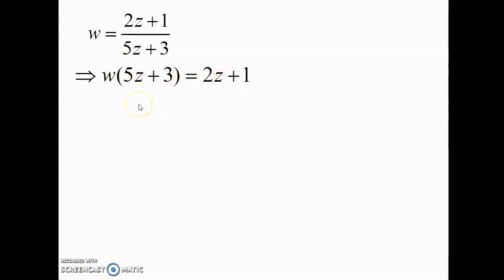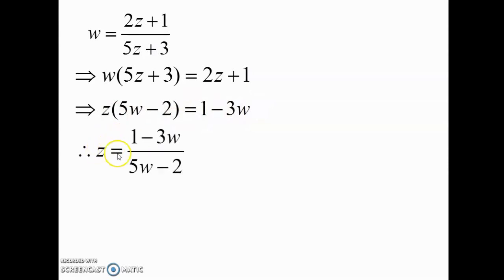Now I am taking z terms on one side and constant and w terms on the other side. So we get z into (5w minus 2) equal to 1 minus 3w. From this we get z in terms of w, that is z is equal to (1 minus 3w) divided by (5w minus 2).